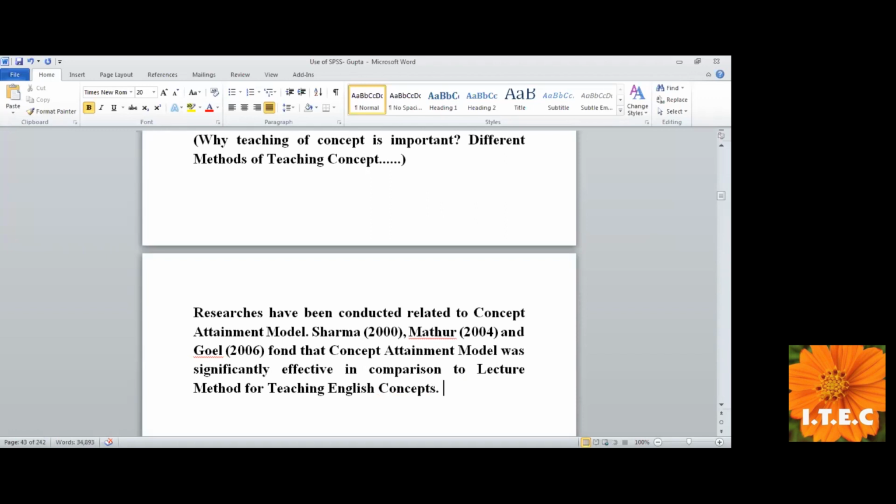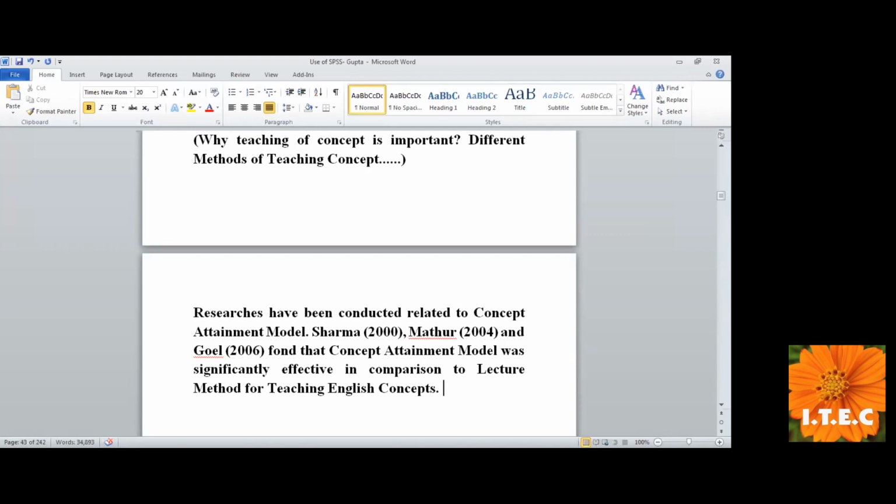Because concepts are there in different subjects, and there might have been researches related to the different subjects. So wherever the concepts were taught using concept attainment model, you can report them here.